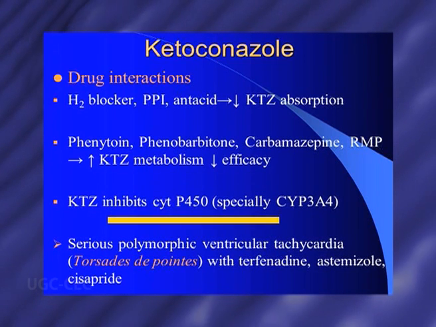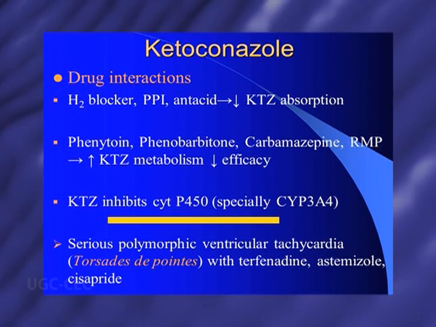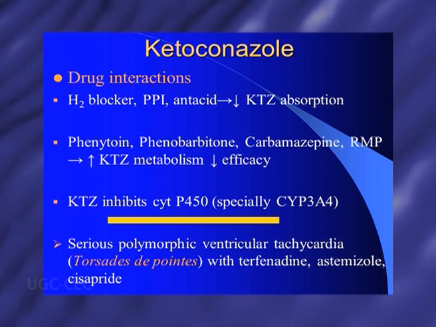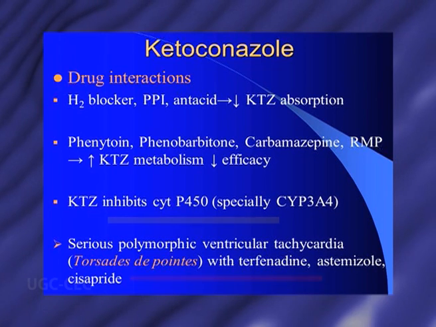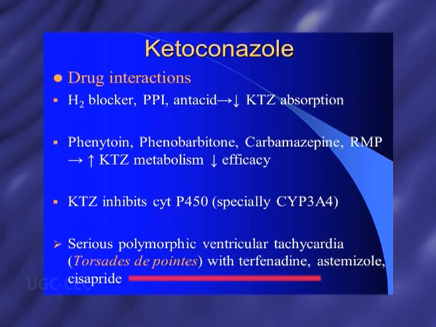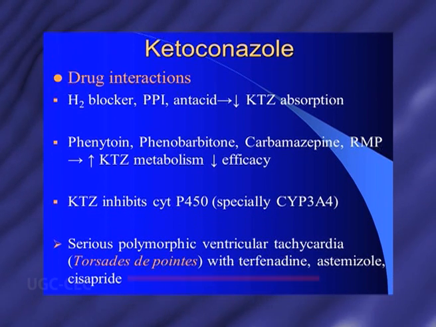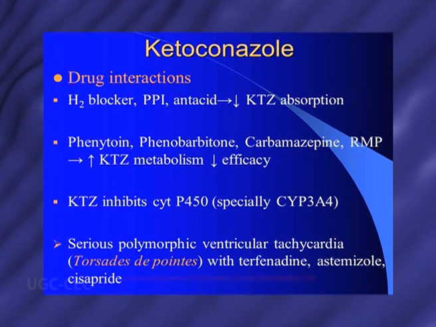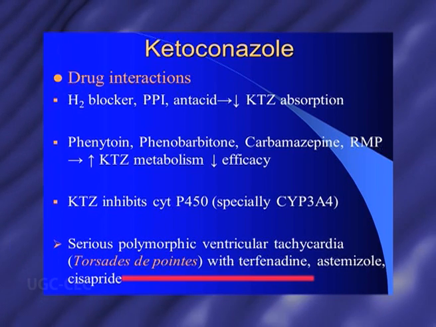Ketoconazole can inhibit cytochrome P450, especially the cytochrome P3A4. This may lead to serious situations if concomitantly administered with pro-arrhythmogenic agents like terfenadine, astemizole, cisapride, etc. It may lead to serious cases of ventricular tachycardia called torsade de pointes, which has a potential to cause sudden death. Therefore, caution should be practiced while administering ketoconazole with other drugs.